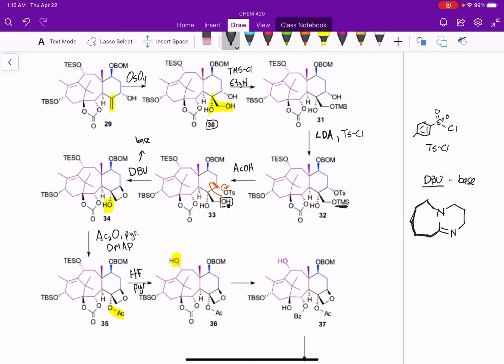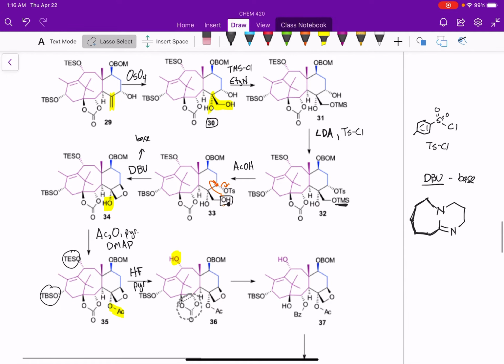They were able to selectively remove the TES group, but not the TBS group. So they probably had to be a little careful with this reaction, but remember the triethylsilyl is smaller, easier to deprotect than the tert-butyldimethylsilyl. So HF pyridine can selectively remove that TES group. Now we're kind of looking into the similar chemistry that Nicolaou did.